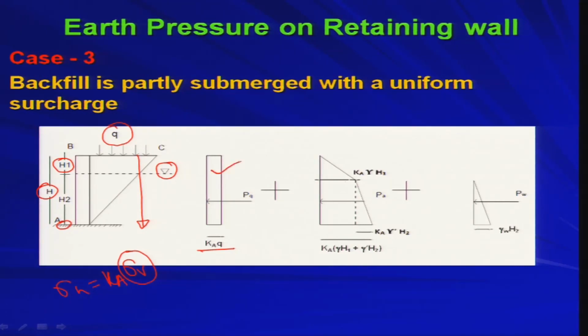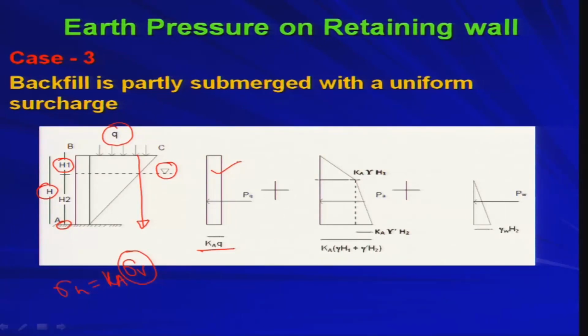And that will be nothing but a rectangular distribution. So, it is constant. At top it is Ka into Q, at bottom it is also Ka into Q.